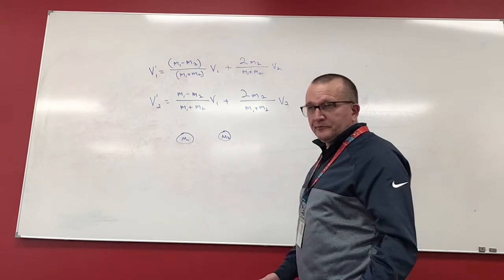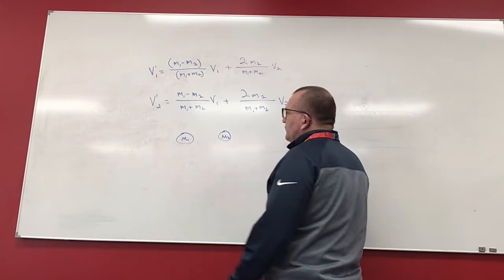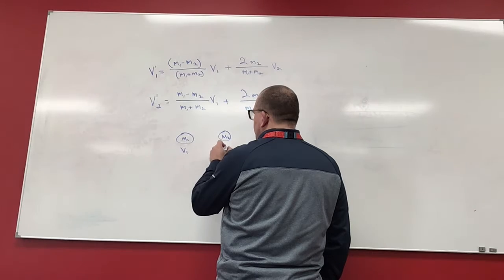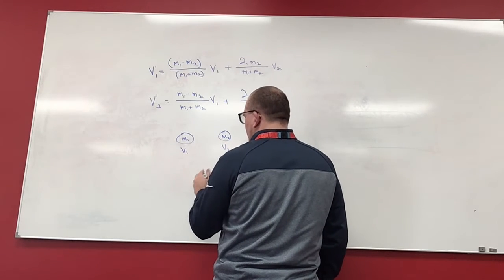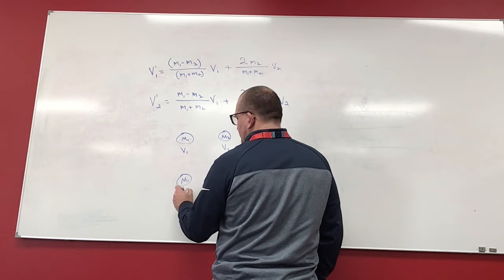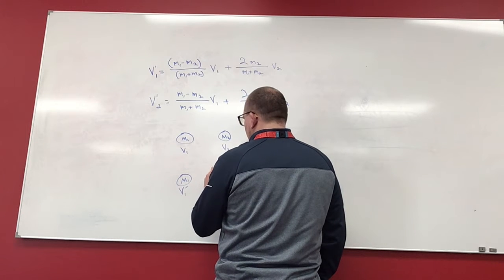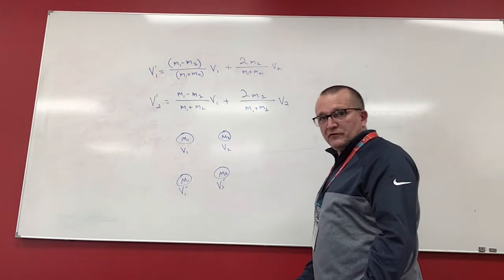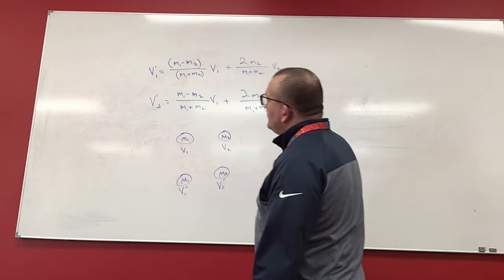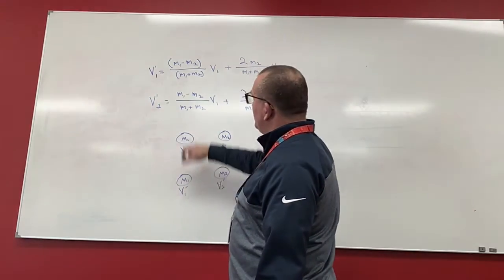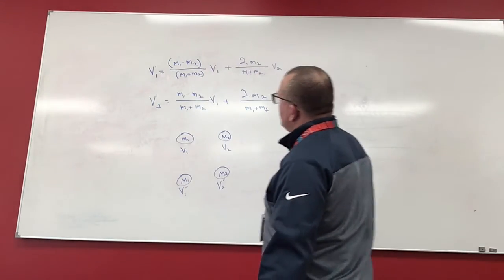This would be V1 and this would be V2 initially, and after they collide, M1 will have V1 prime, and M2 will have V2 prime. So let's say we want to find the final velocity of M1. Here's the equation we use.